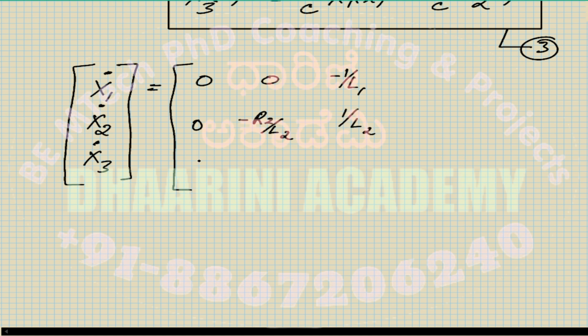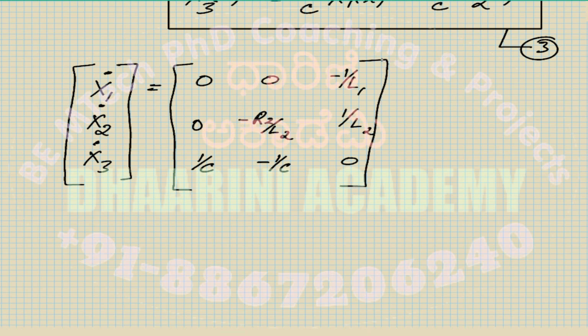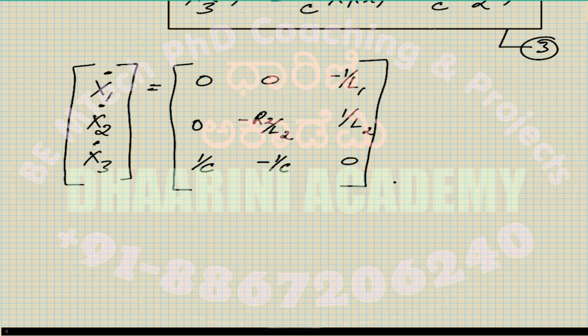Third one says this is 1 by C times I1 minus 1 by C times I2 and 0. Okay, I should multiply this like this. Okay, so this is equal to, sorry, I have to multiply first with x1, x2, and x3, right?